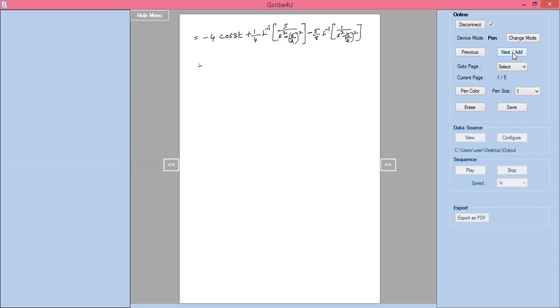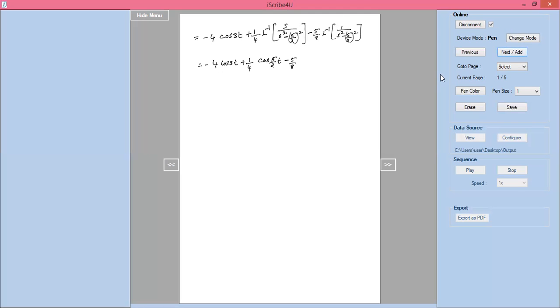Now we write minus 4 into cos 3t plus 1 by 4 into cos 5 by 2t, minus 5 by 8 into a by a square minus a square.